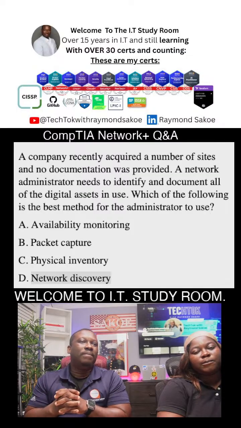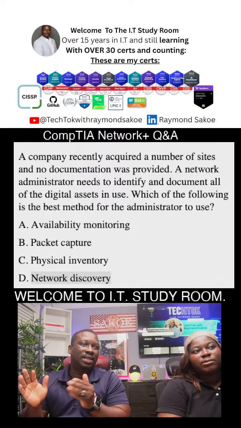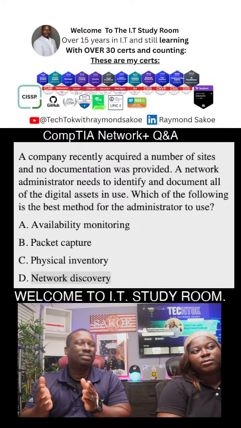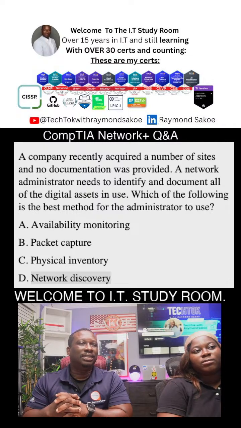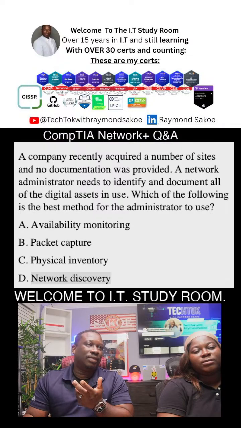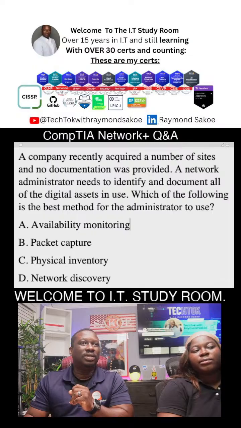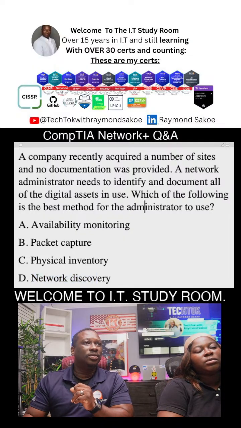So basically monitoring and capturing anything that is going in and out of a network. It can be a network, can be a specific device. A is availability monitoring, so just regular monitoring of the system. It wouldn't give you the information that you need here. So yeah, performing a network discovery would do it.